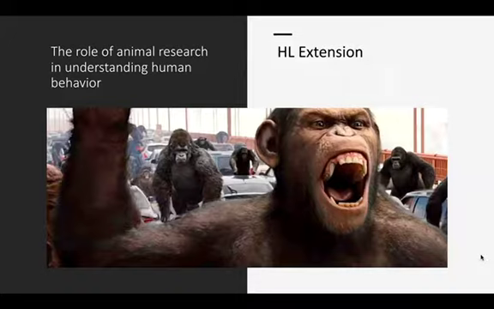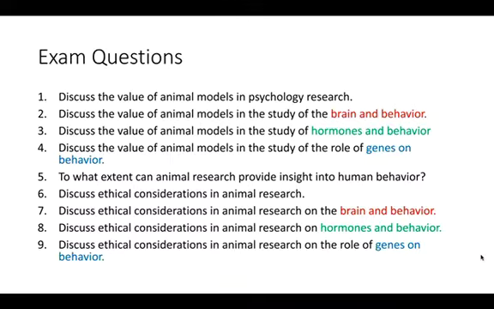For the most part, you have come across research relating to brain and behavior and hormones and behavior, in the use of animals throughout the biological approach. So it shouldn't be too difficult for you to brainstorm research available for this topic.